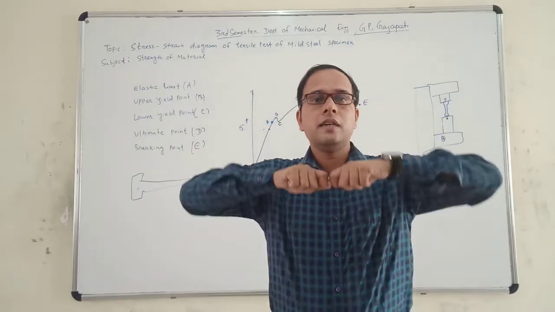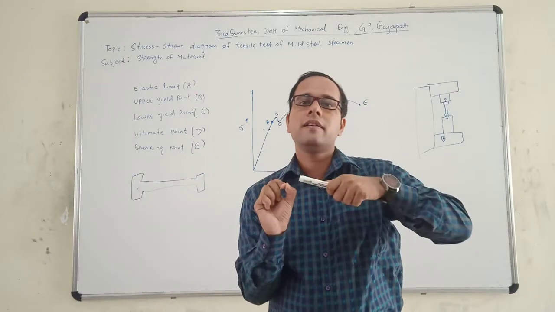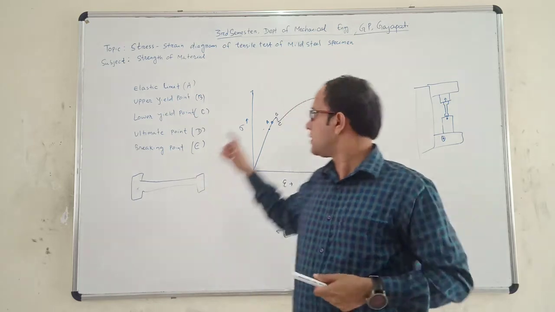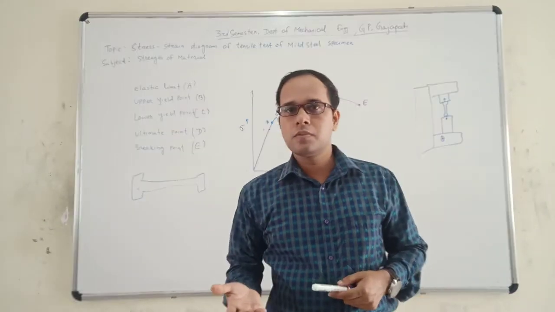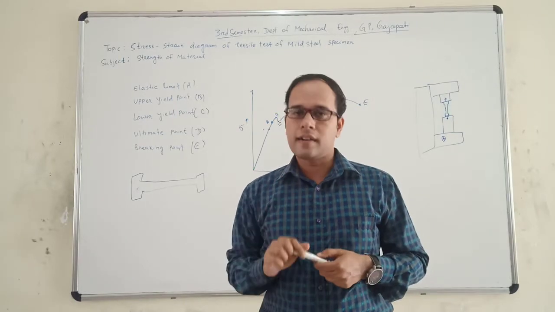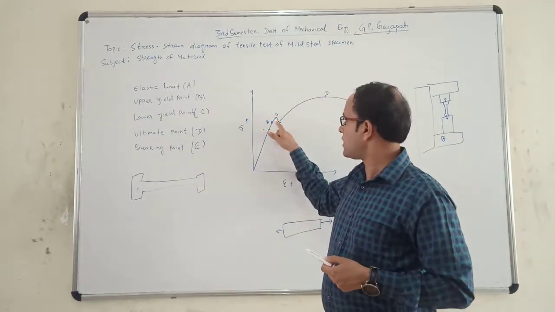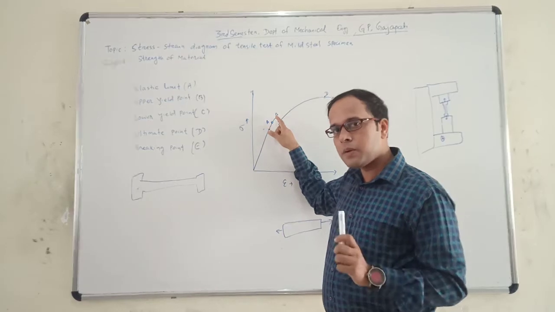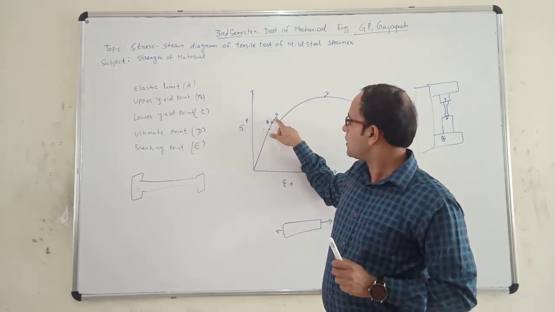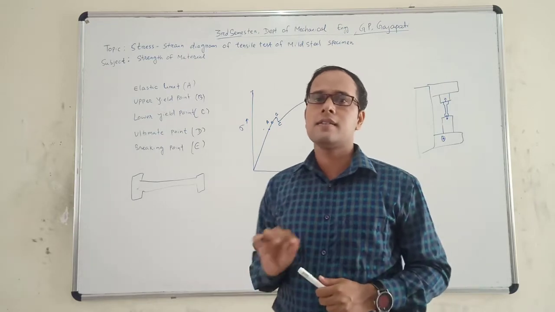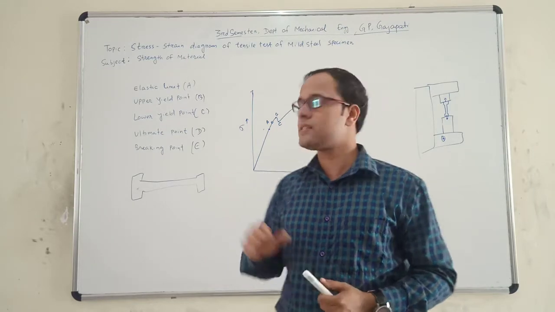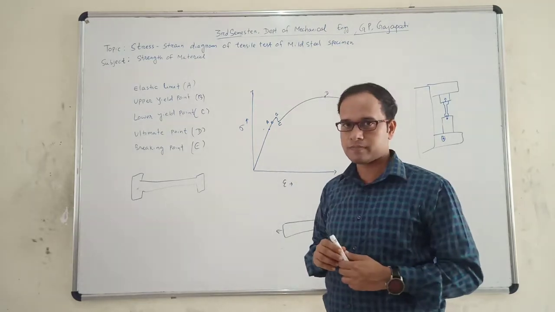Generally, if we apply force, there will be a change in length, but in the yielding zone, it will elongate even without application of force. Remember, if the body comes under the yielding zone, it will never regain its original shape and size. That means it comes under the plastic region.